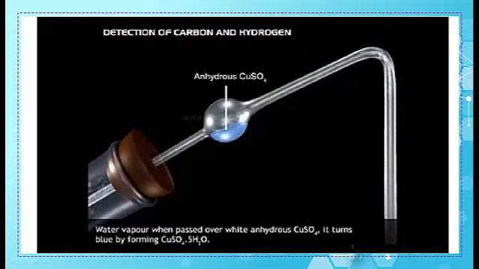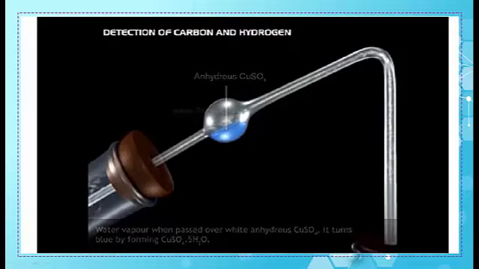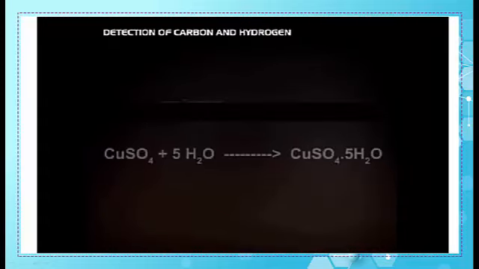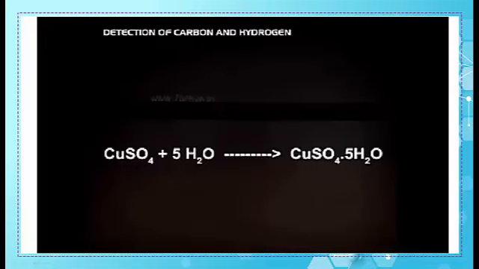Water vapor, when passed over white anhydrous CuSO4, it turns blue by forming CuSO4·5H2O. The reactions involved in this process are CuSO4 plus 5H2O gives rise to CuSO4·5H2O.